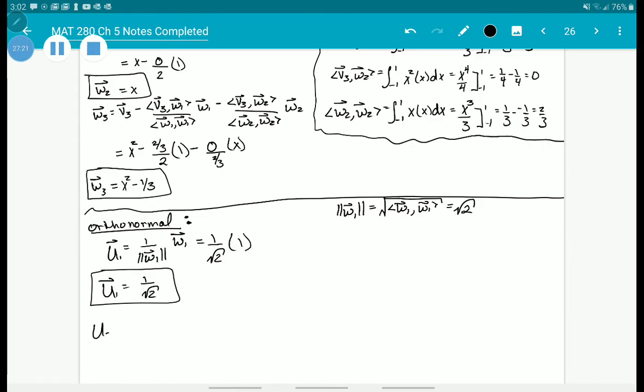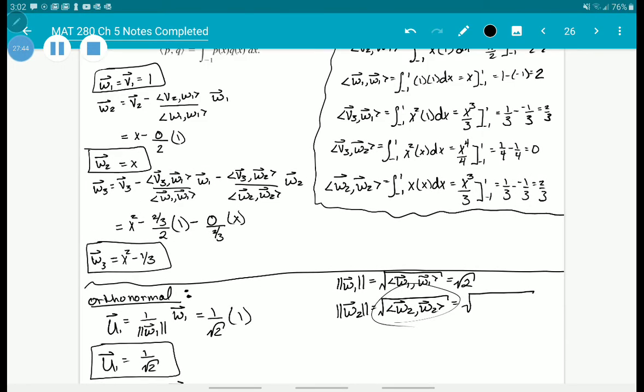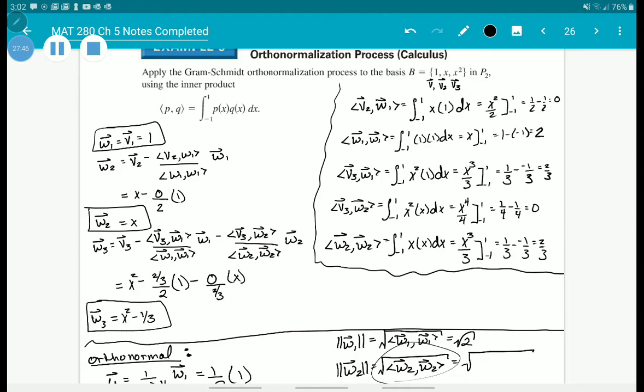So to find U2, it's 1 over the magnitude of W2 times W2. So let's find that magnitude of W2. The definition is the square root of the inner product of W2 with itself. And we already found this up here, and we got 2/3.